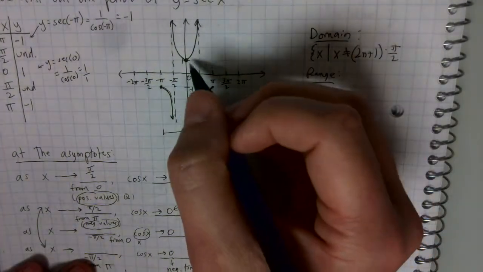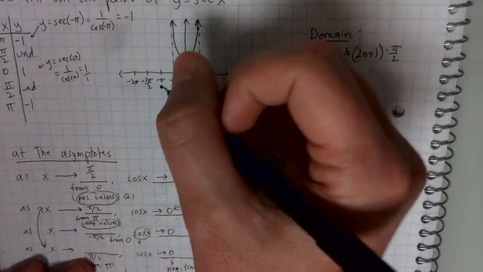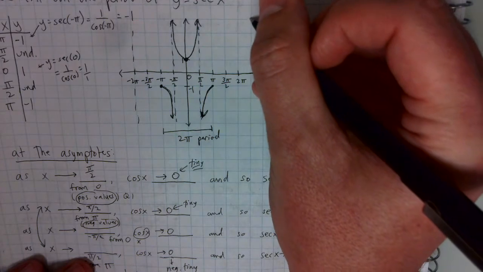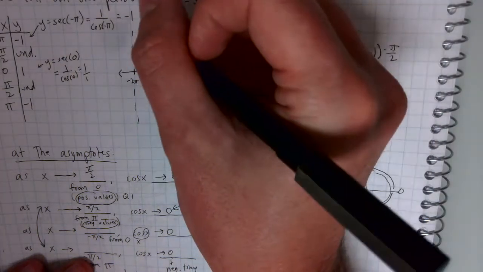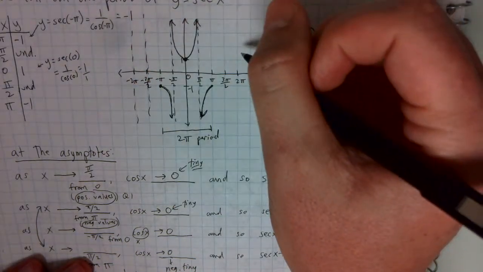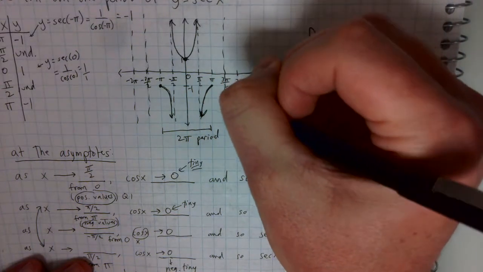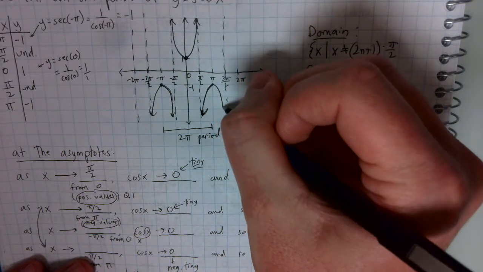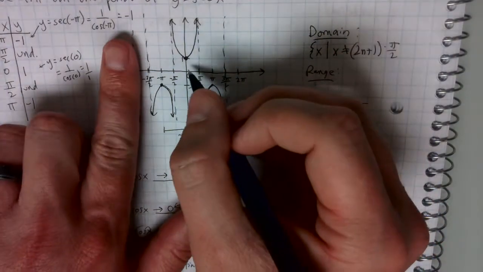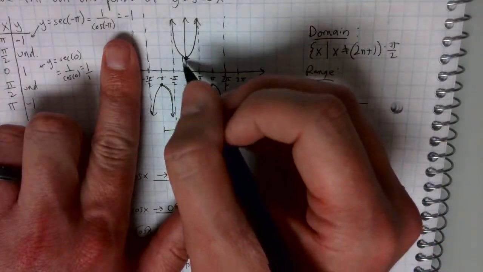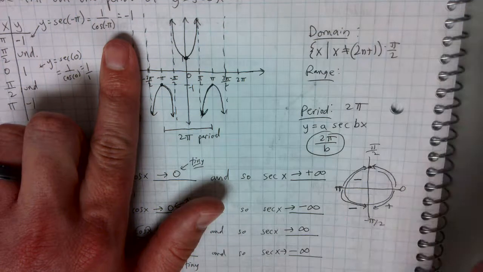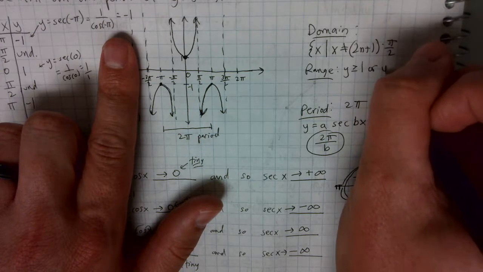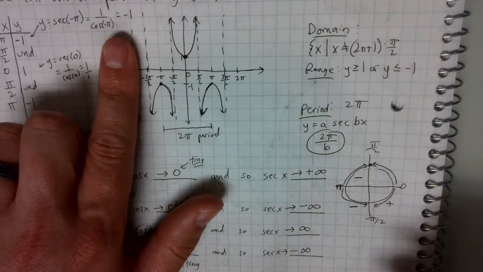It doesn't include all the y values, because if you look at the way that this, if it was to start to repeat itself at -3 and +3, you'd have all these u's that would look like that. You're never actually going to hit any of the y values between 1 and -1. So a couple ways to say that: y is greater than or equal to 1, or it's less than or equal to -1.